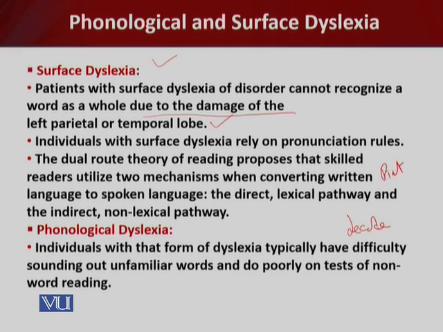And the non-lexical pathway is the process whereby a skilled reader can sound out a written word by identifying different constituent parts such as letters, phonemes, and graphemes. That is also referred to as the dual route theory, which deals with surface dyslexia and proposes a lexical pathway.